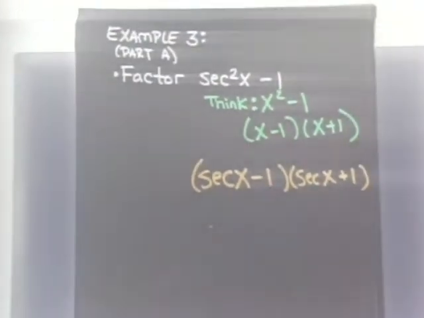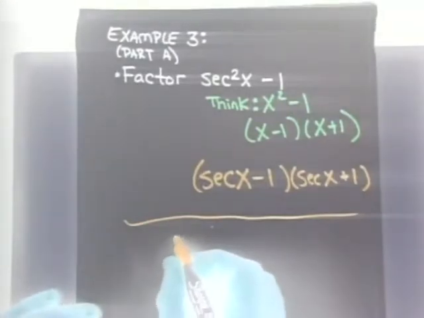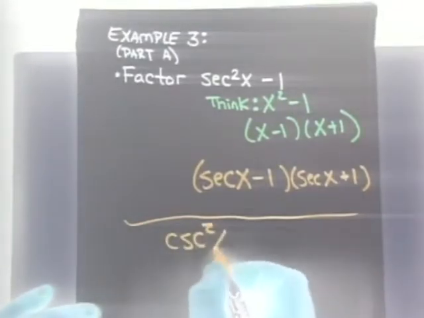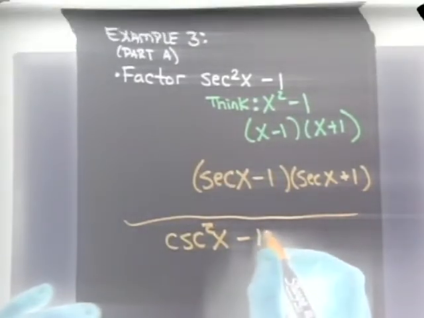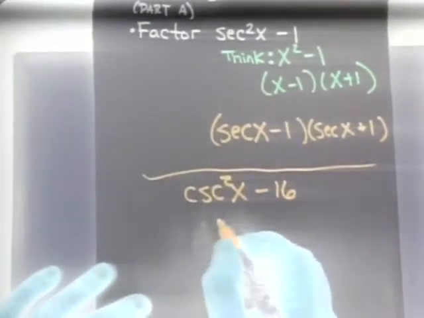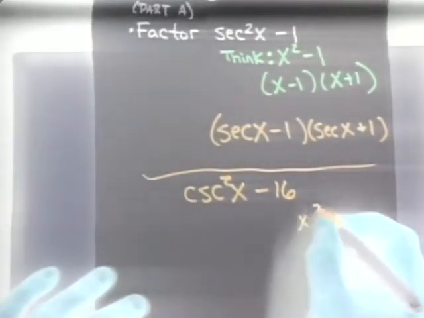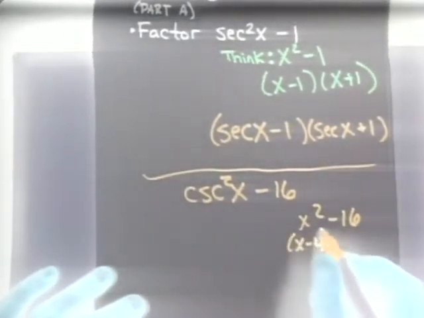If I wanted to just throw a real quick other one out here, I could say, let's just say you had CSC squared x minus, I guess I've already decided I'm going to go with 16. So then this one would be, that's similar to x squared minus 16, which would be x minus 4, x plus 4.